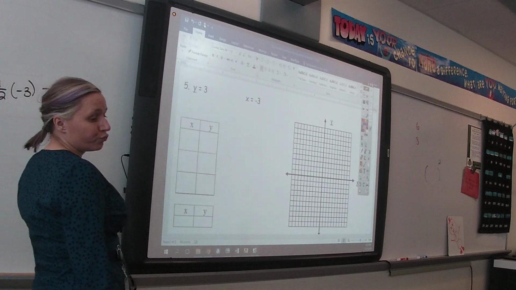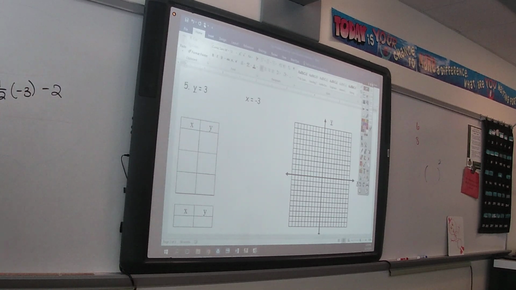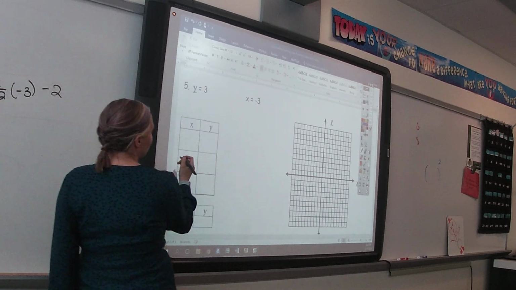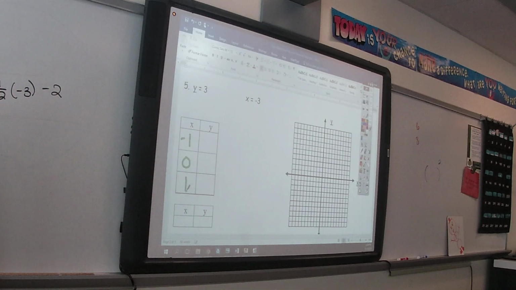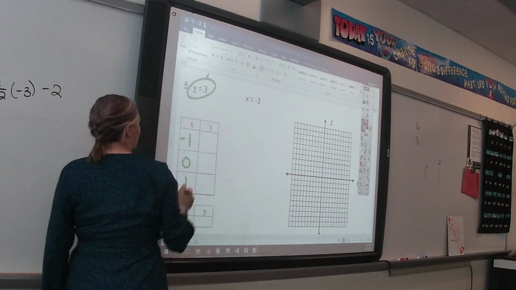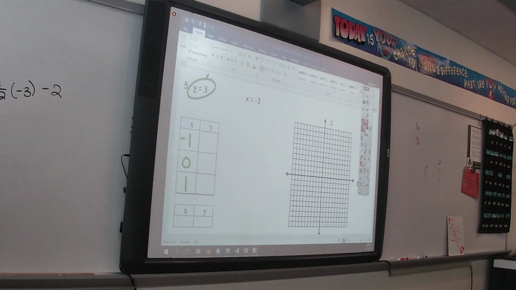Y equals 3. What do we think we want to pick as input values? Opposites. I think we should still be consistent. What would be good input values? -1, 0, 1, okay. So when I plug in -1, where am I going to plug in -1?